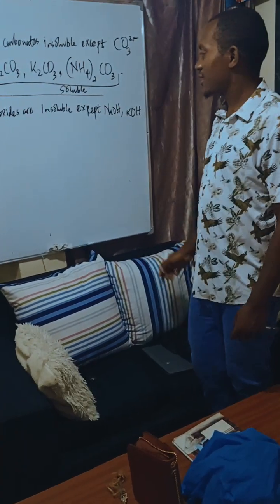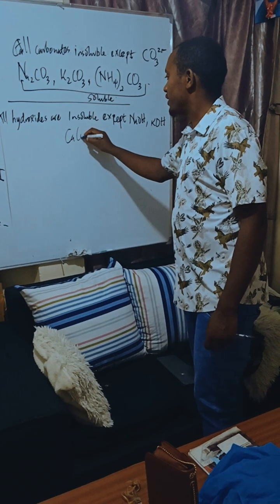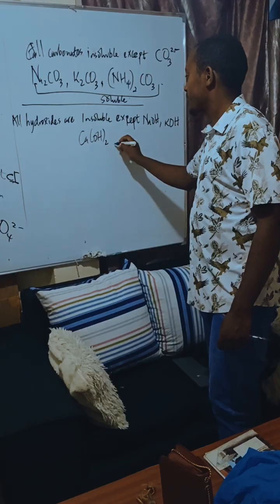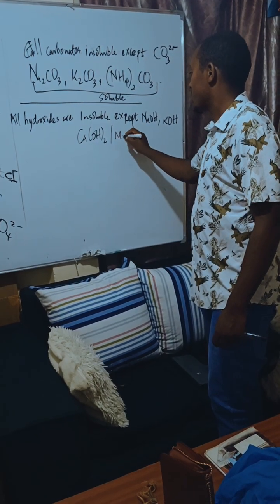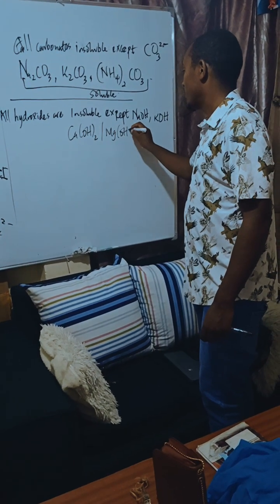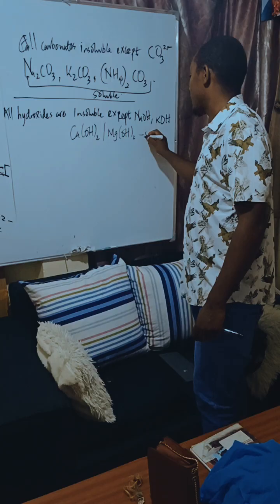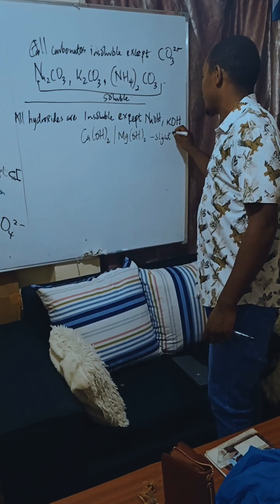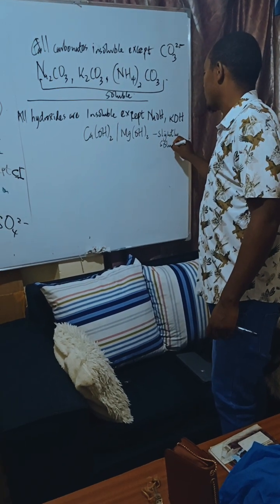Calcium hydroxide and magnesium hydroxide are slightly soluble.